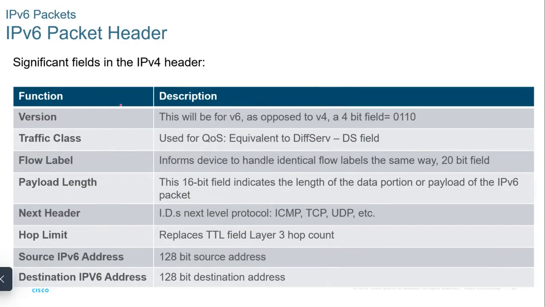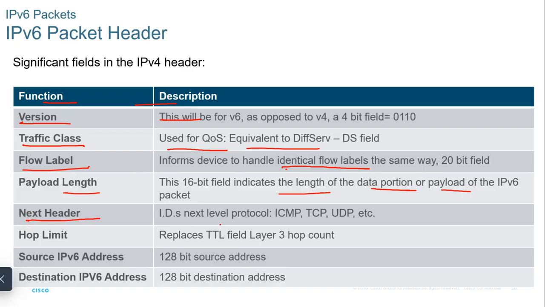So here we have the table, the functions, and then the description. The version, is it version 6? Traffic class is used for quality of service and is equivalent to differentiated service. Flow label informs the device to handle identical flows. Then payload length is a 16-bit field that indicates the length of the data portion, the size of the data being sent.